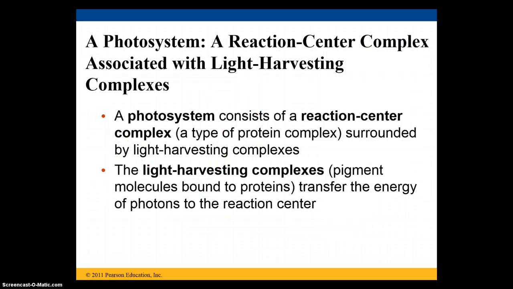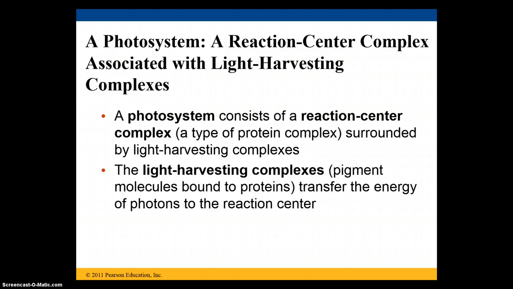Okay, so this actually occurs in what we call a photosystem, which is a reaction center complex associated with light harvesting complexes. Now, don't get crazy. A complex is just a bunch of proteins that work together. So we've got two complexes here: one that harvests light and one that is the center of the reaction.